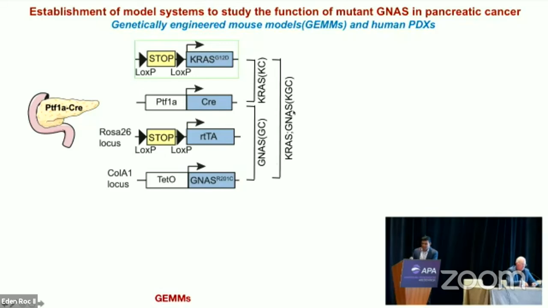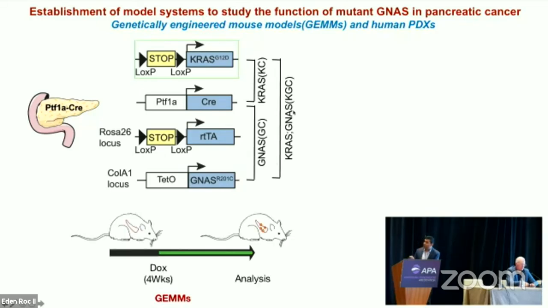I forgot to mention that this is a doxycycline inducible system, so we can add doxycycline at any time point of the animal's life cycle and turn mutant GNAS expression on or off whenever we want.